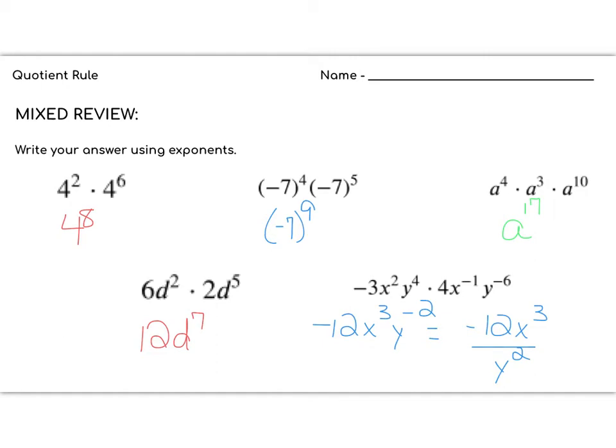The other one I want to make sure you understand is on the bottom right. -3 times 4 is -12. x squared times x to the -1, I add. So I got that wrong, didn't I?